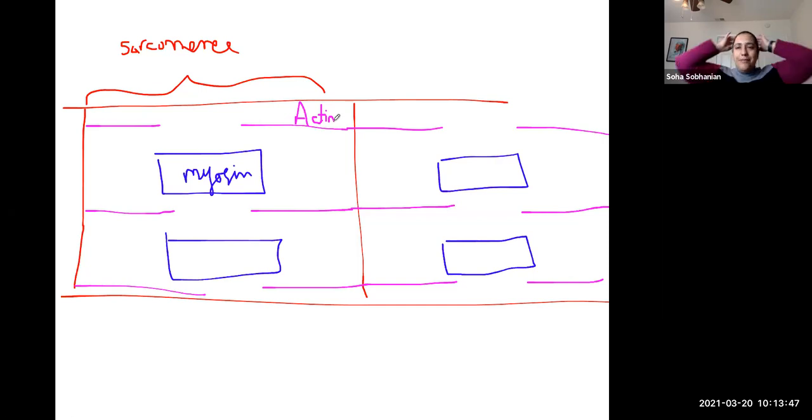So if I start to backtrack and start from the smallest to the largest, so kind of clear your mind and try to follow what I'm saying, guys. From the smallest to the largest level of the muscle. The smallest structure I have are my two proteins called actin and myosin. If I put my actin and myosin in these contractile units, they're called sarcomere.